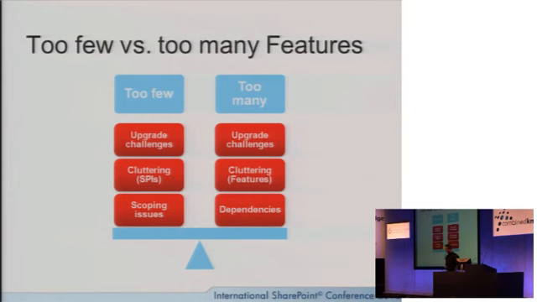On the other hand, if you'll create too many features in your project, you will get an enormous list of all the features that you have, and every single time that you will add a new SPI to your project, Visual Studio 2010 SharePoint Developer Tools will try to do some work for you, and what they will do is that they will automatically try to find the right feature for your newly added SPI, and they will add it somewhere.